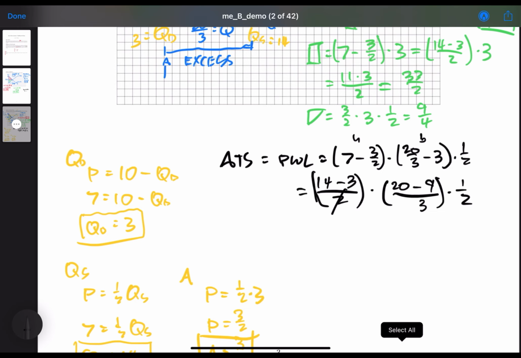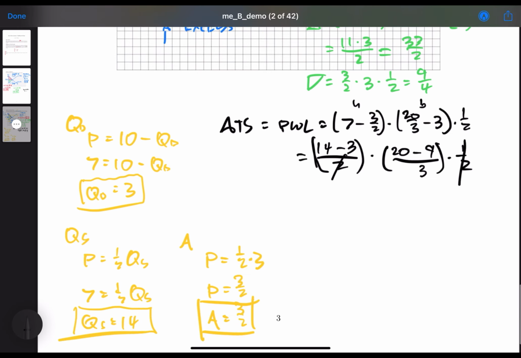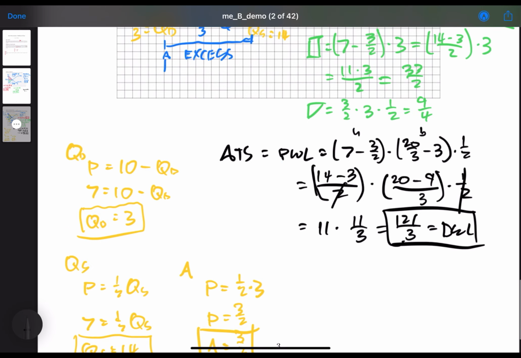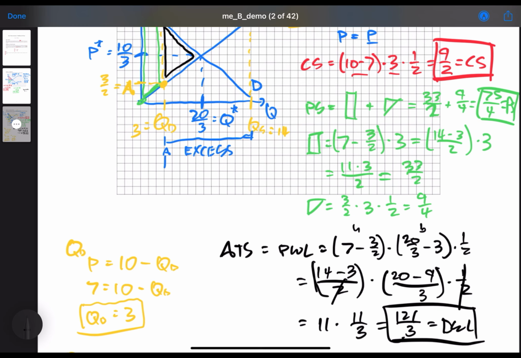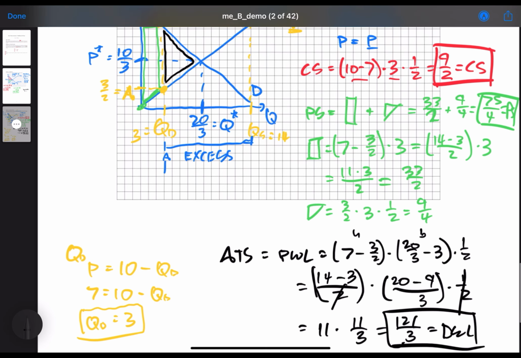Okay, so these will cancel, which gives us 11 times 11 over 3. So in this case, we have 121 over 3. And that is our deadweight loss. Okay, so this is our deadweight loss.